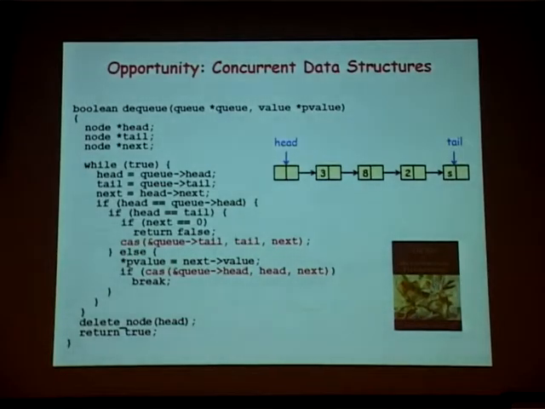All modern multiprocessors support some version of compare and swap. This is from Intel's architecture. So the synchronization is at a very fine-grained level, and getting this code correct is a big challenge.